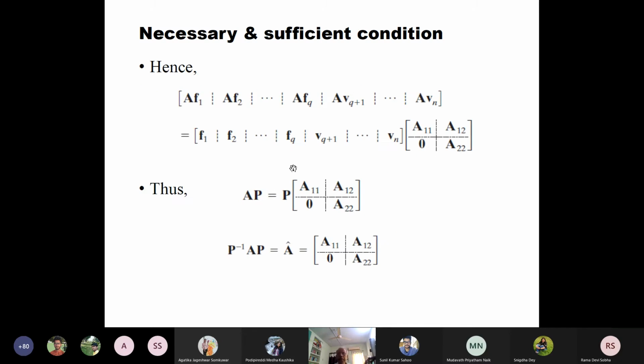I rewrite these equations in this form. Then AP will be written as P into this term. So P inverse AP, which equals A hat, can be written as A11, A12, 0, A22.